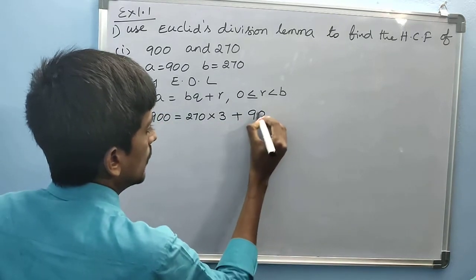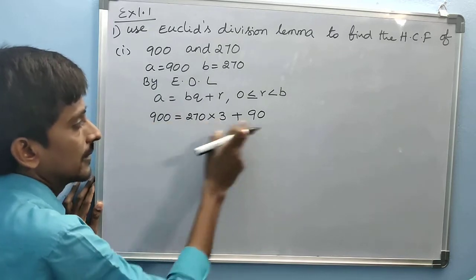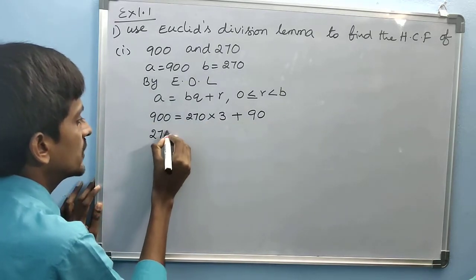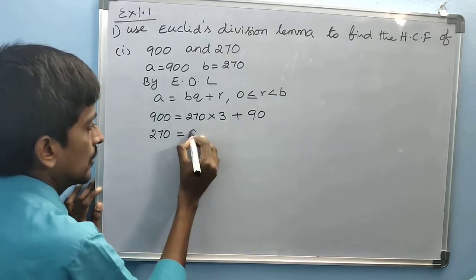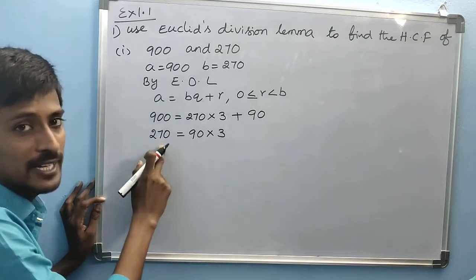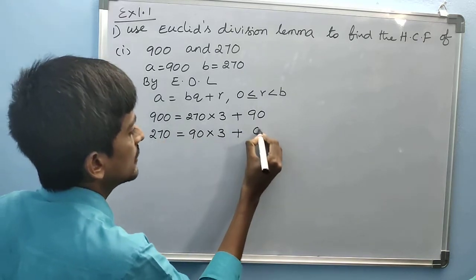So 900 minus 810 is 90. R is not equal to 0. Again 270 equals 90 into 3 times, 270 plus 0.